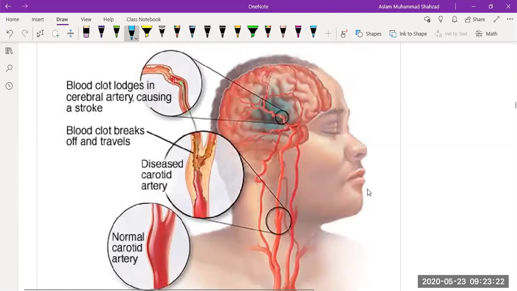Then again, stroke could be possible, and there are two reasons. One is a blood clot in the cerebral arteries that can lead to stroke, or the blood clot breaks and travels to other parts of the body.